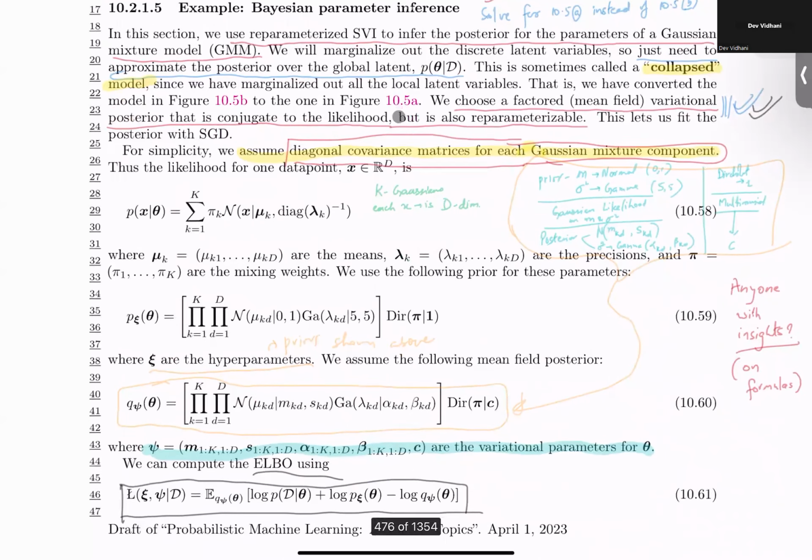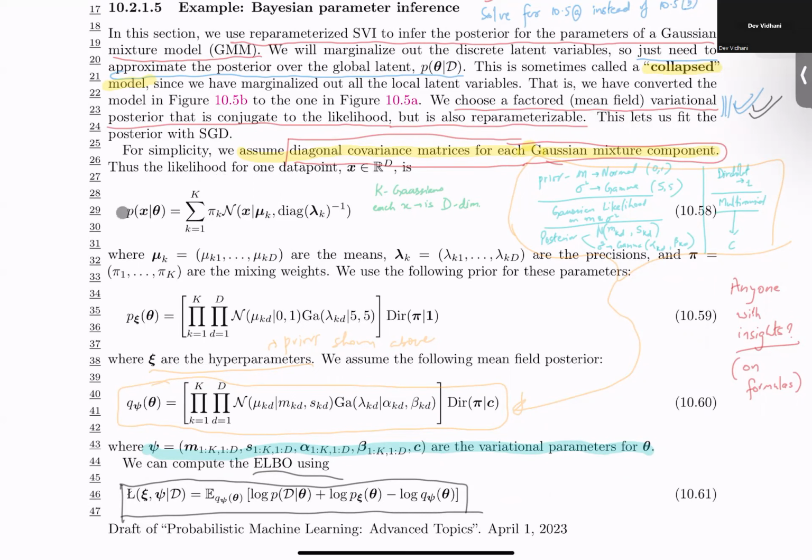And then we'll come to this mean field variational very soon, but essentially they assume that each of these parameters are independent of each other. So if that be the case, you can model the likelihood as a product of each of the random variables' probabilities, right?